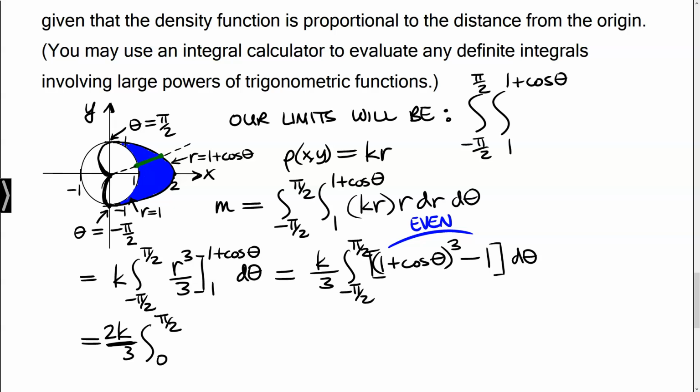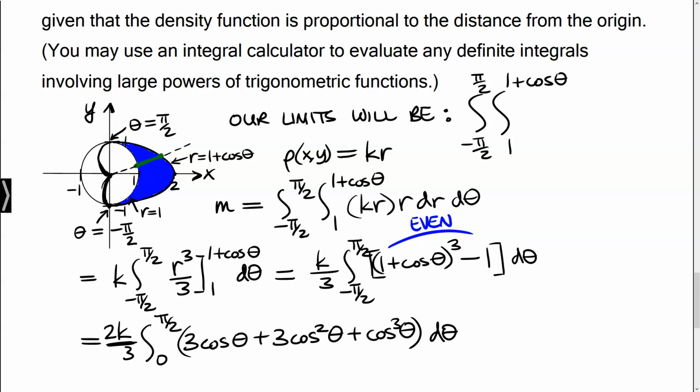So I'm going to do that. And now if I multiply this out, if you remember the binomial theorem, this is going to be 1 plus 3 cosine plus 3 cosine squared plus cosine cubed, but then it's minus 1. So what I'm left with, if you multiply this out, is 3 cosine plus 3 cosine squared plus a cosine cubed.